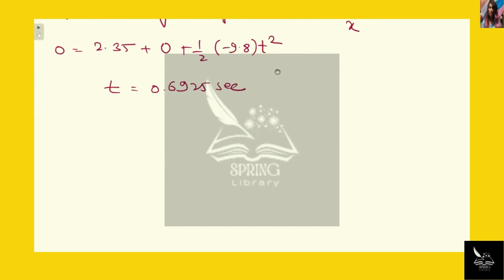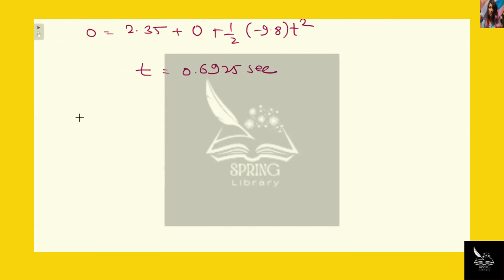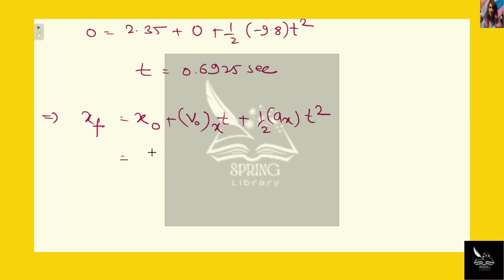Now we find the horizontal component: x equals x naught plus initial velocity in x direction times t plus half acceleration in x direction times t squared. This is 0 plus 1.7 times 0.6925, and there is no acceleration in the horizontal direction, so that term is 0.